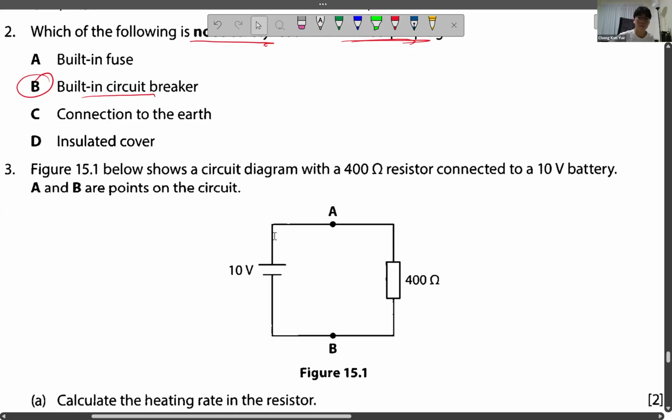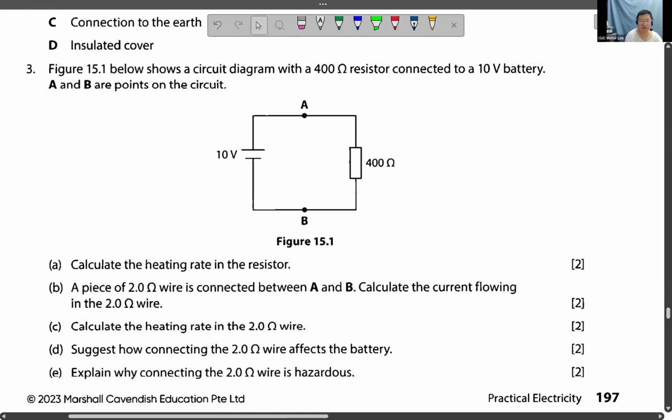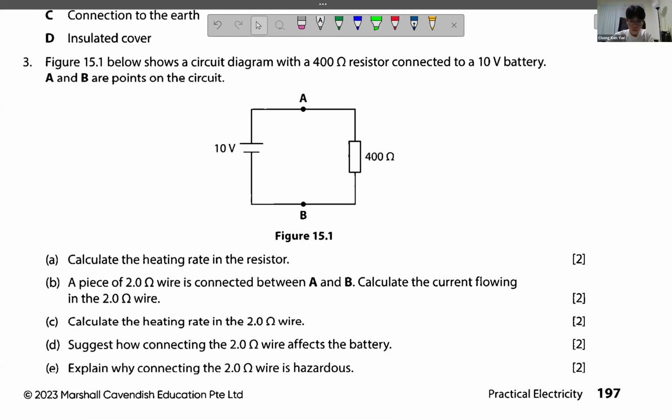Okay, next one. This is a structured question, you need to calculate a bit. The heating rate means finding the power of the heater.